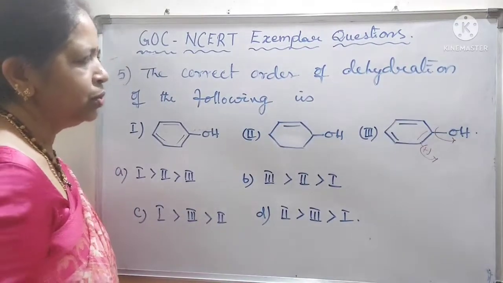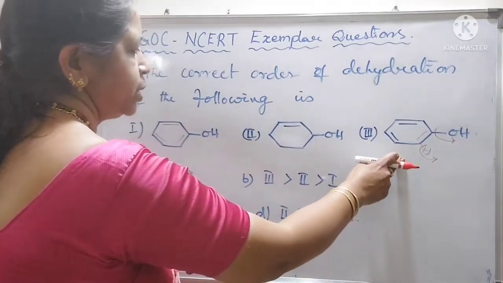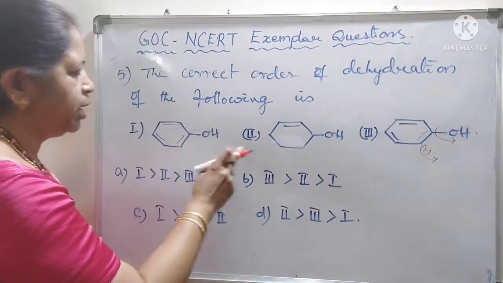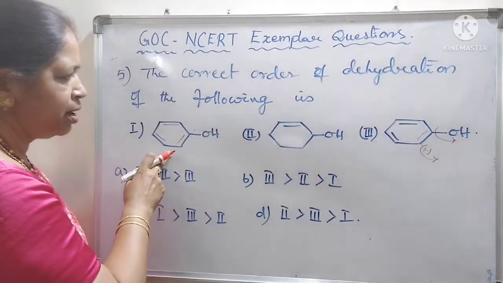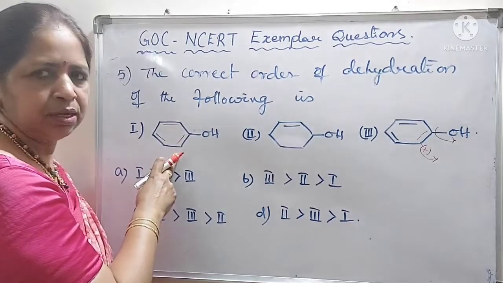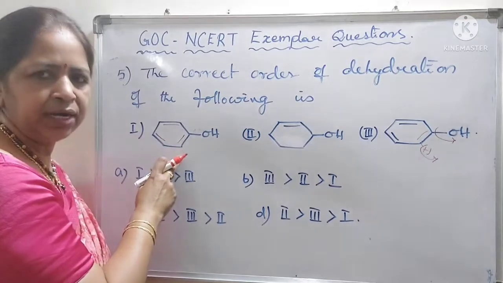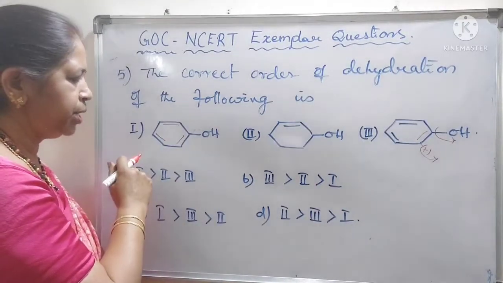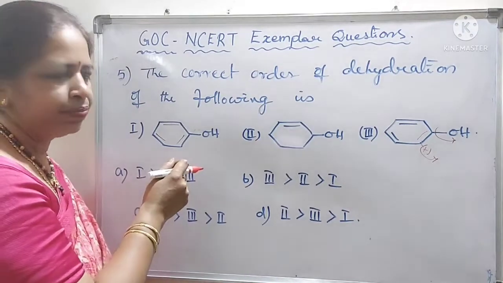Okay. So 3 undergoes dehydration more readily, and among 1 and 2, 1 is already having a stable benzene ring, so it will not undergo dehydration readily.